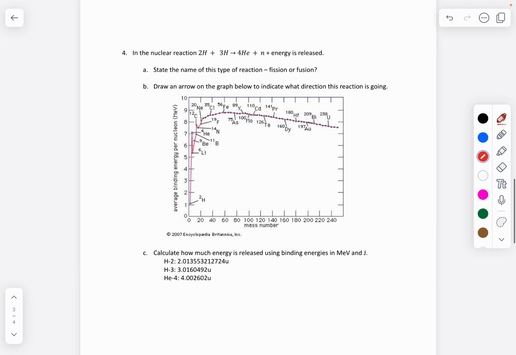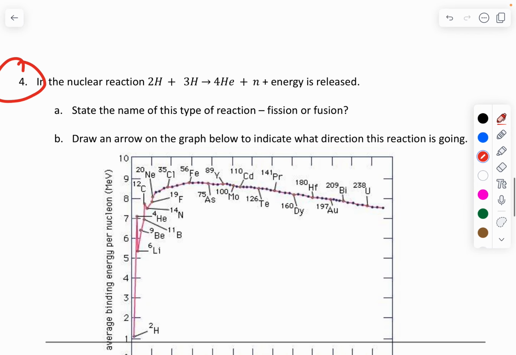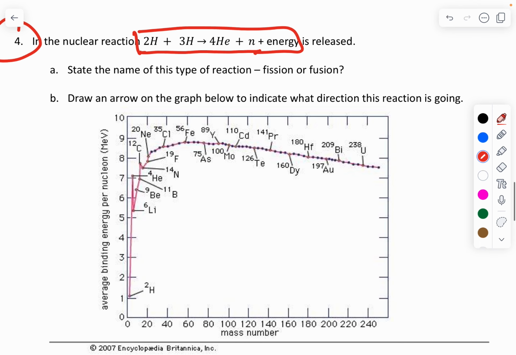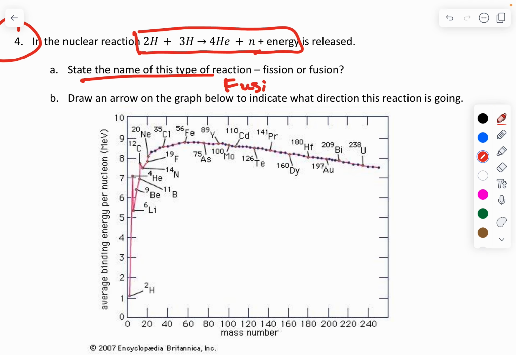Okay, I think I'll do this one. It's a little bit more tricky, and you have to think about it. In this reaction, energy is released. Plus energy is released. State the type of reaction. I'm pretty sure this is a fusion reaction, right?